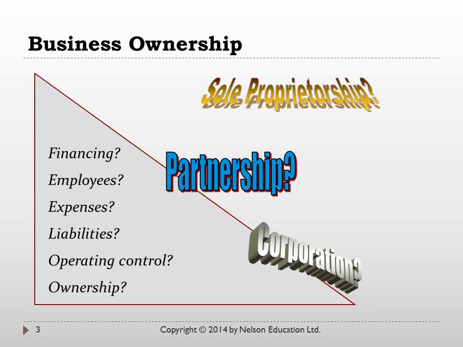So we'll take a look at what it may mean from a financing perspective, and from an employee perspective. We'll spend some time chatting about what it means from a legal perspective, because that, in many cases, is the primary determinant of what form of business organization you might start up in Canada.